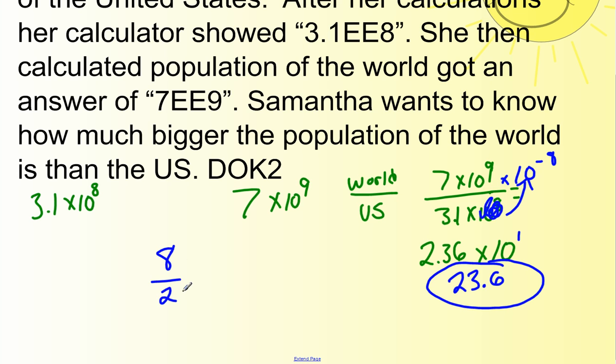Well, if you do the math and you simplify this, you find out it's 4 times bigger. That's kind of what we did. The world population over the United States population, we divided, and we found it's 23.6 times bigger.